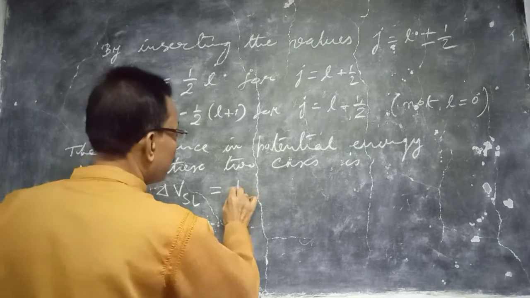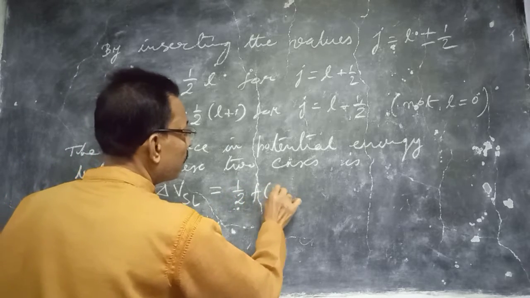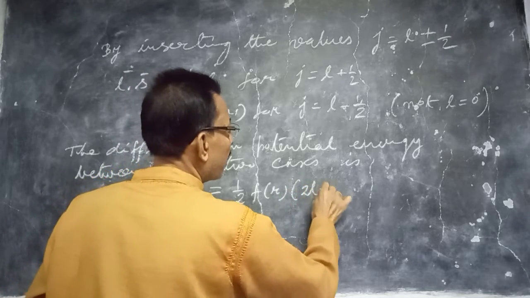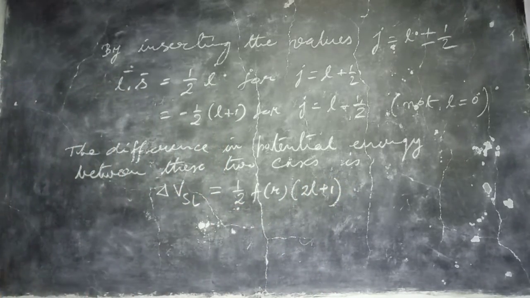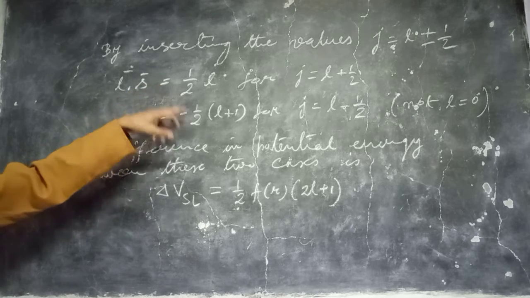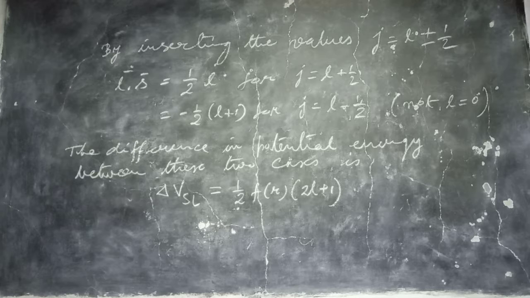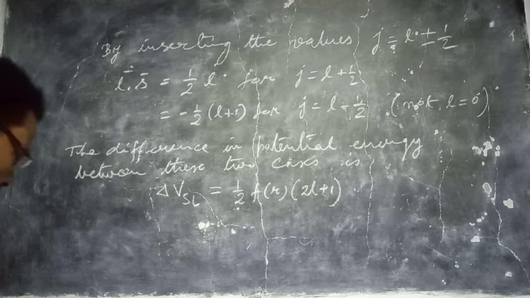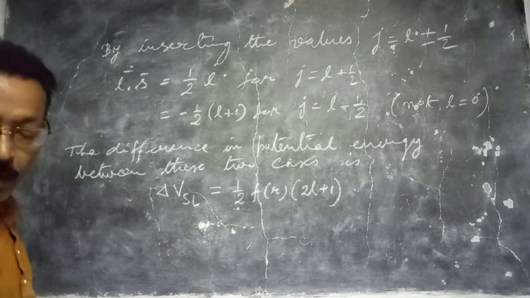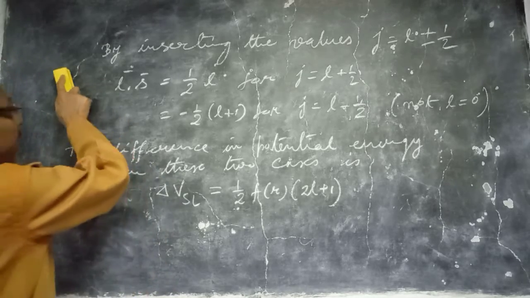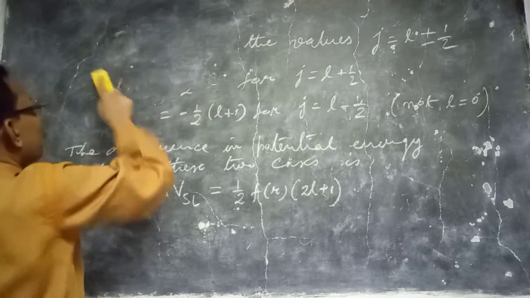That is equal to half f(r) into (2l plus 1), that is this minus this. Therefore this spin orbit interaction potential is included in the calculation.